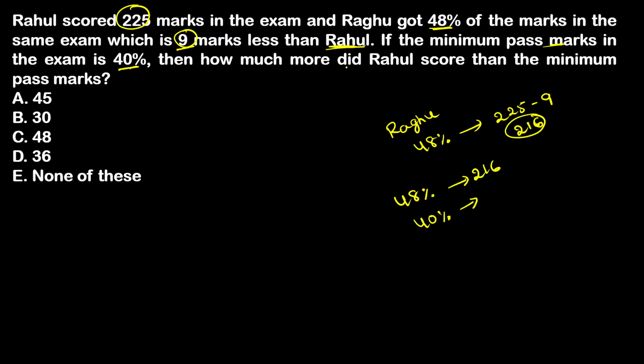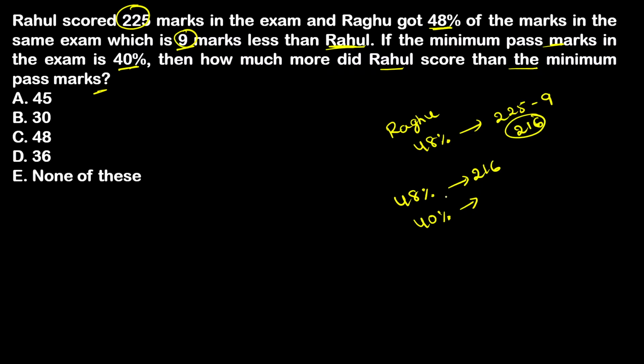Then how much more did Rahul score than the minimum pass marks? So pass marks being 40%, and Rahul got 225 marks.